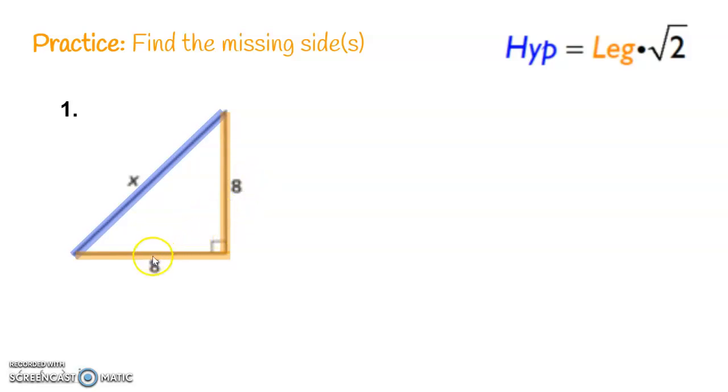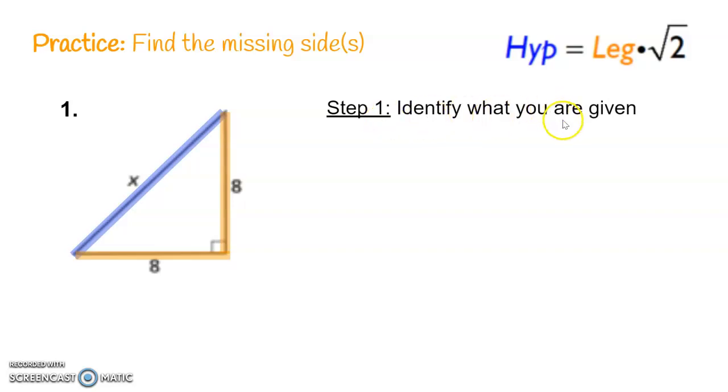Well, anytime that my legs are congruent, these angles have to be congruent, and therefore 180 minus 90 divided by 2 is also going to be 45 degrees. So we can use this formula that's up here. This is really a two-step process for using this formula, and you guys are going to get really, really quick at this, which is why it's so wonderful compared to the Pythagorean theorem. All right, here's your very first step every single time.